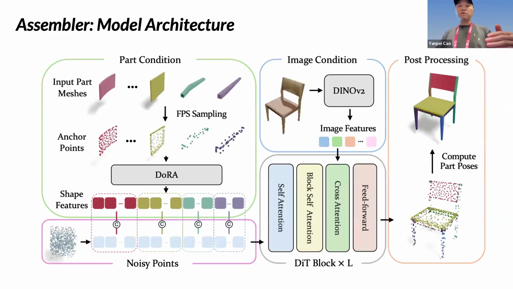And the model architecture uses dual conditioning. It takes the shape features from the individual part meshes as well as the guidance feature from the reference image. So the diffusion transformer then uses both of these conditions to intelligently generate the final anchor points required by the assembly.